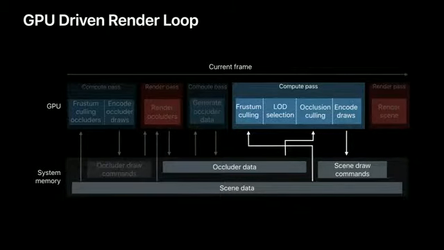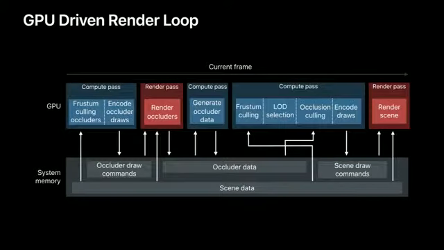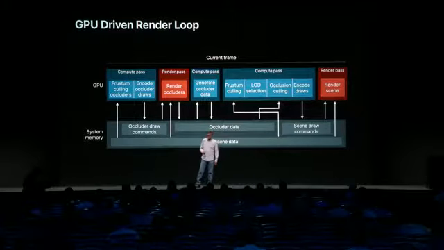And also because we are generating it for the current frame, it's also more accurate. And finally, we have another render pass that executes the scene draw commands for rendering the scene. So in this GPU-driven render loop, everything is happening on the GPU. There is no CPU-GPU synchronization anywhere, no previous frame dependencies. So how can we build this GPU-driven pipeline?